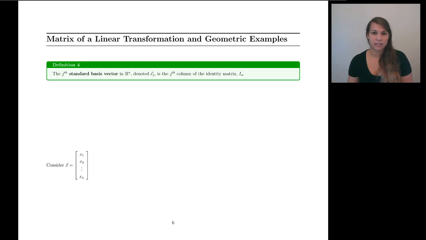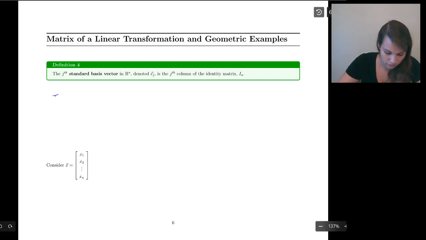The jth standard basis vector in Rn is denoted by E sub j, and it is the jth column of the identity matrix. So reminder, identity matrix looks like this. We've got ones on the diagonal and zeros literally everywhere else.